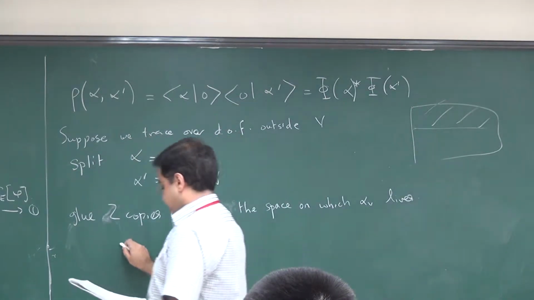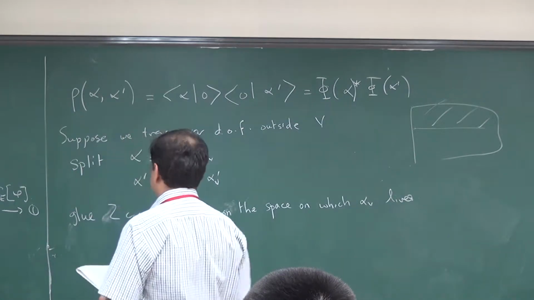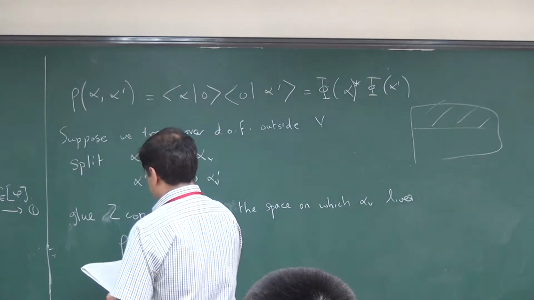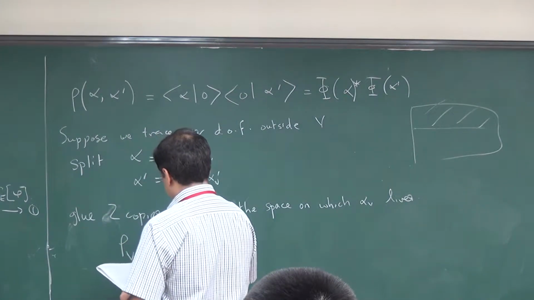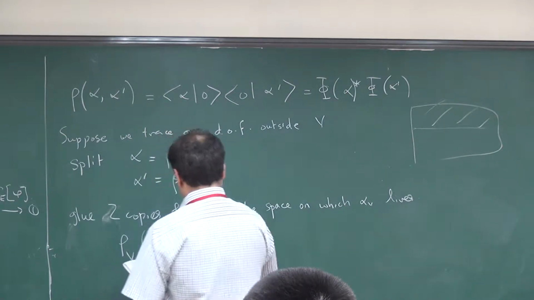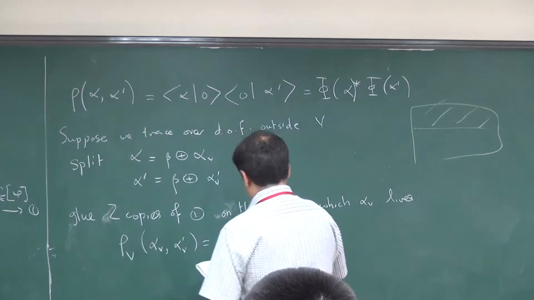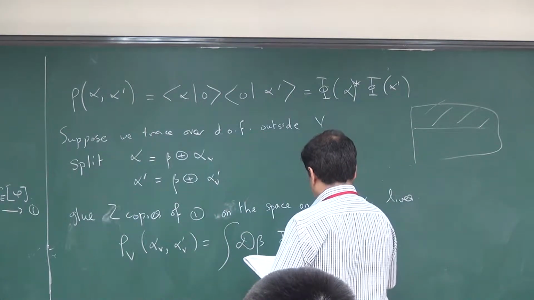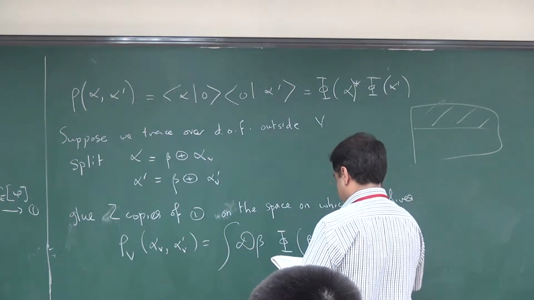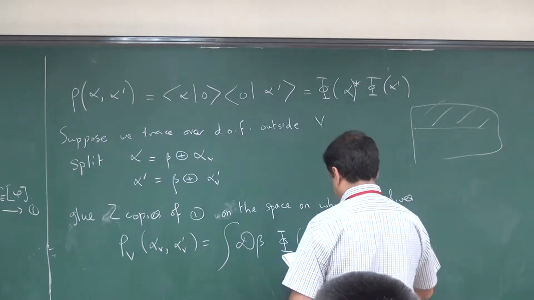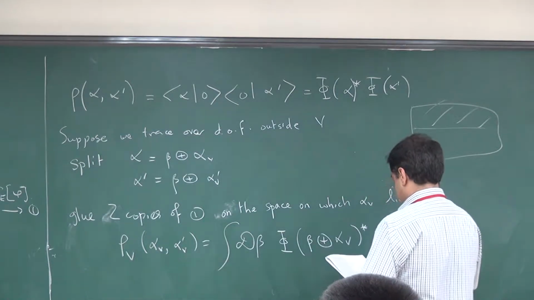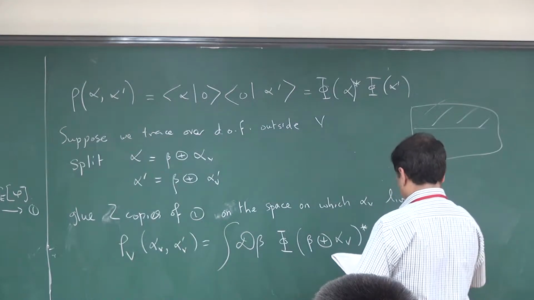So what you get then is a reduced density matrix, rho of V, which is just a function of alpha_V and alpha_V prime. And this is an integral over beta of Phi of beta and alpha_V star, Phi of beta and alpha_V prime.